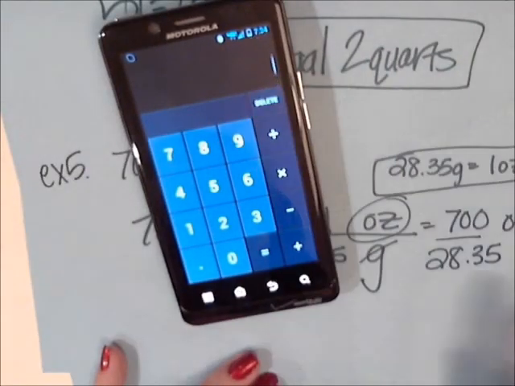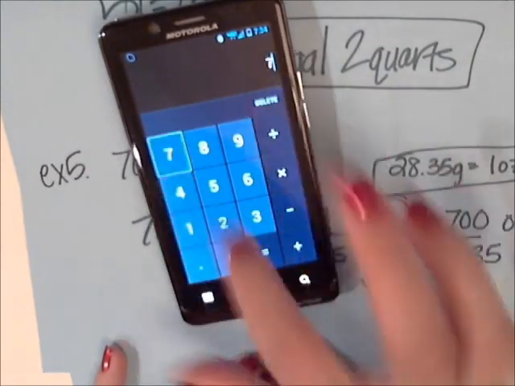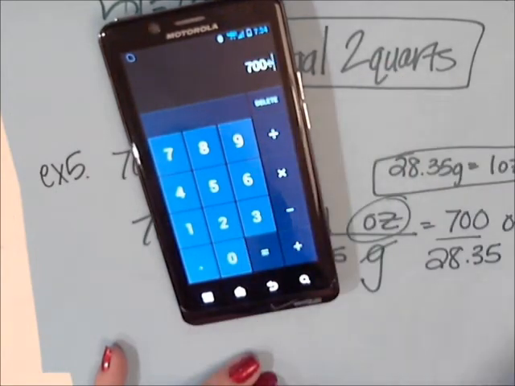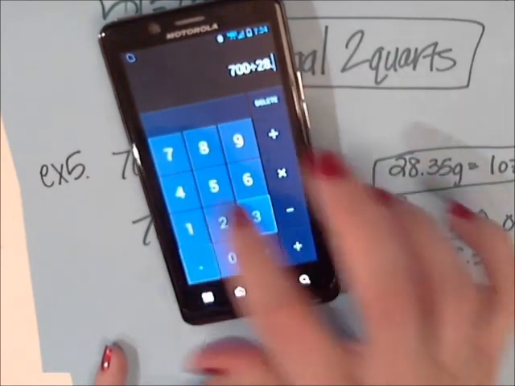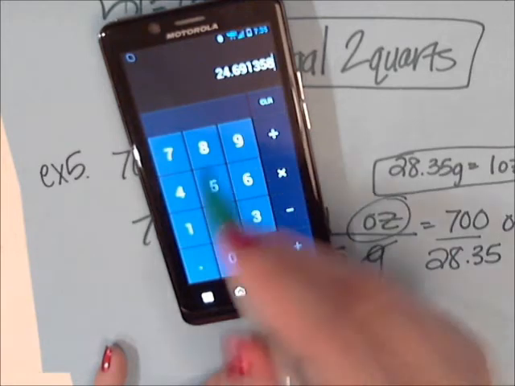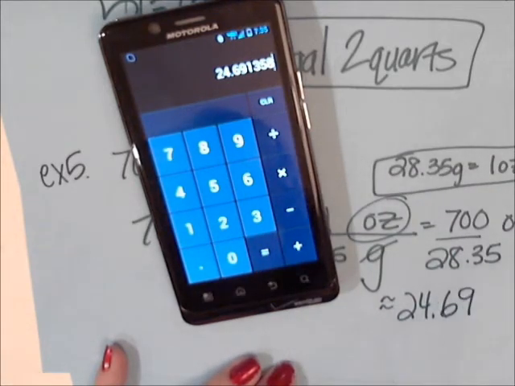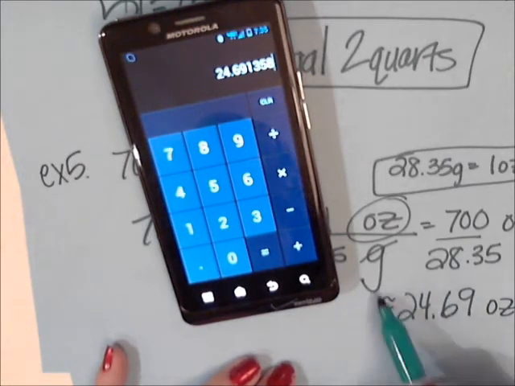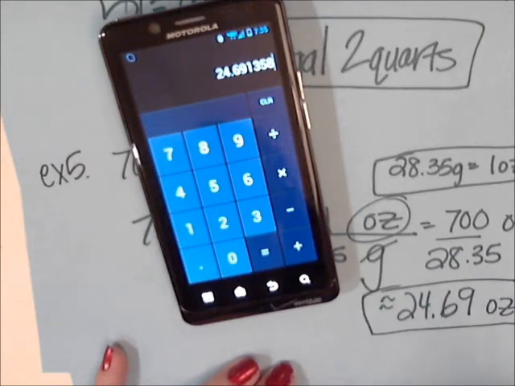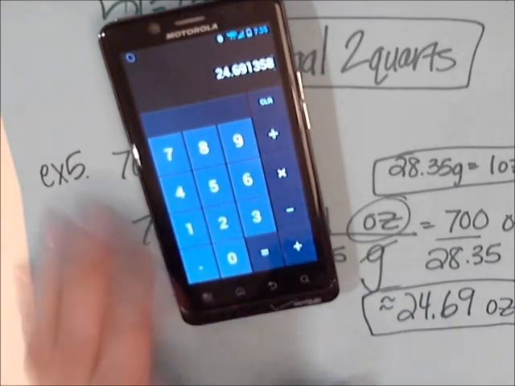So clear. We're going to do 700 divided by 28.35, which equals 24.69. We'll just call it 24.69 ounces. And that is our approximate answer because I rounded it.